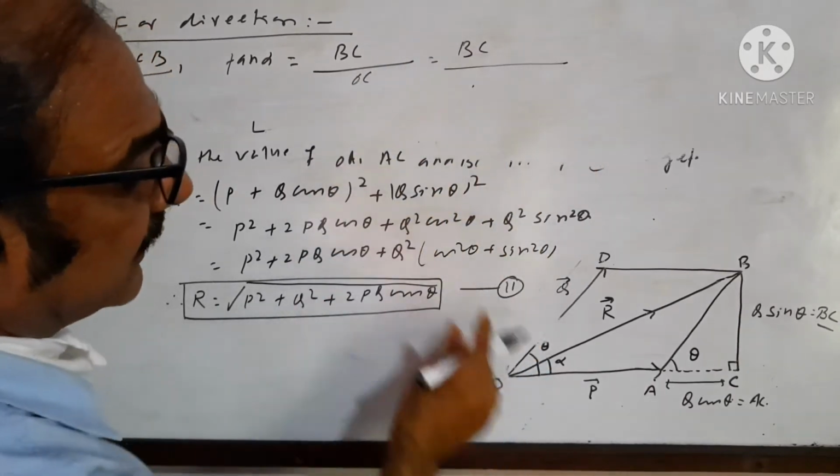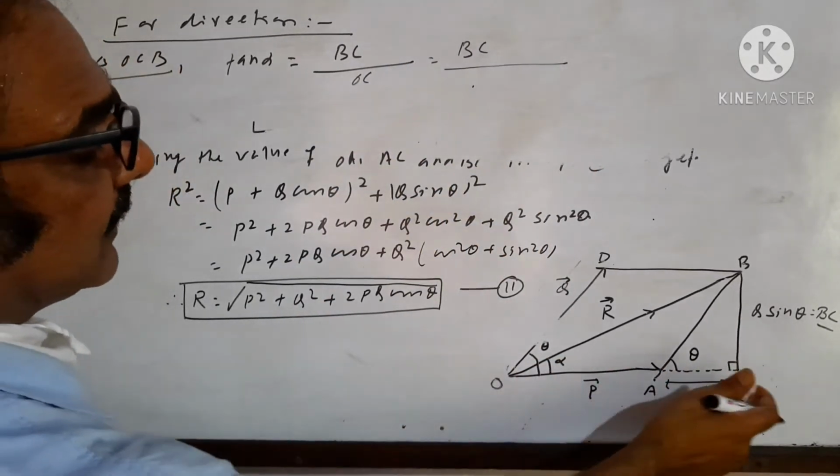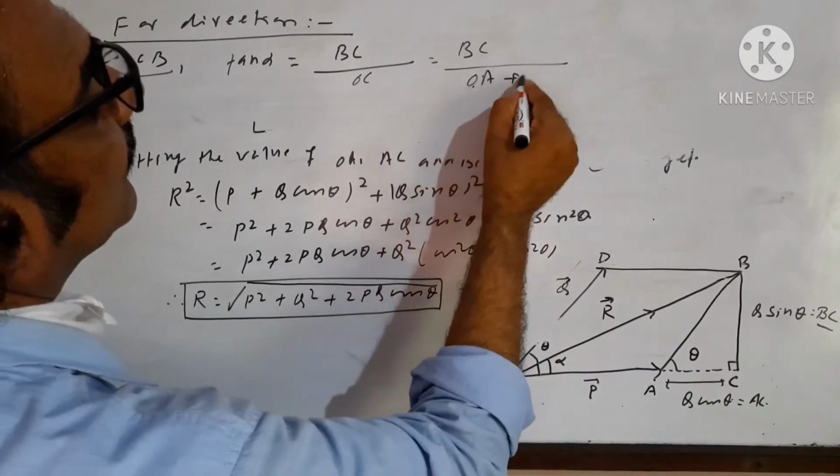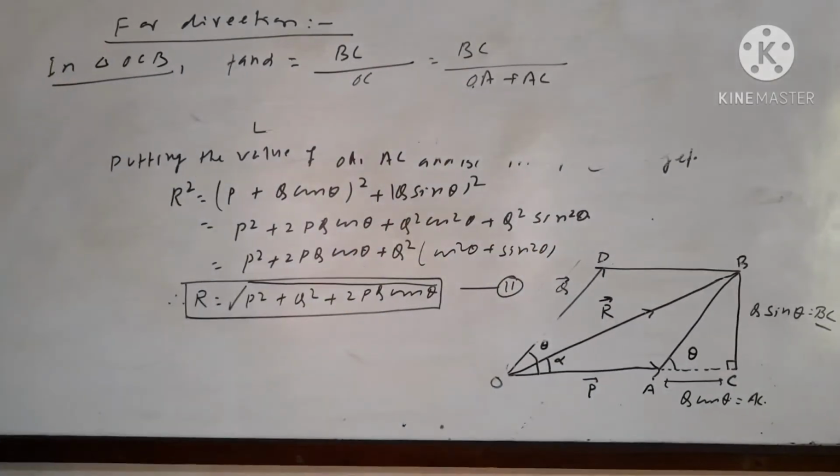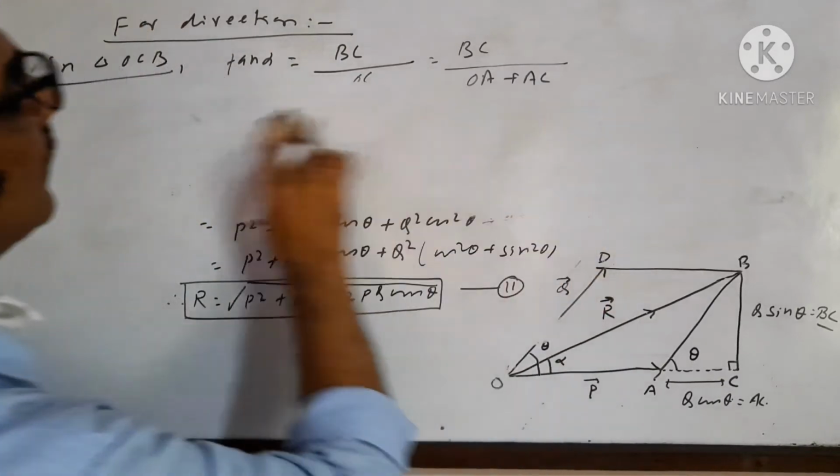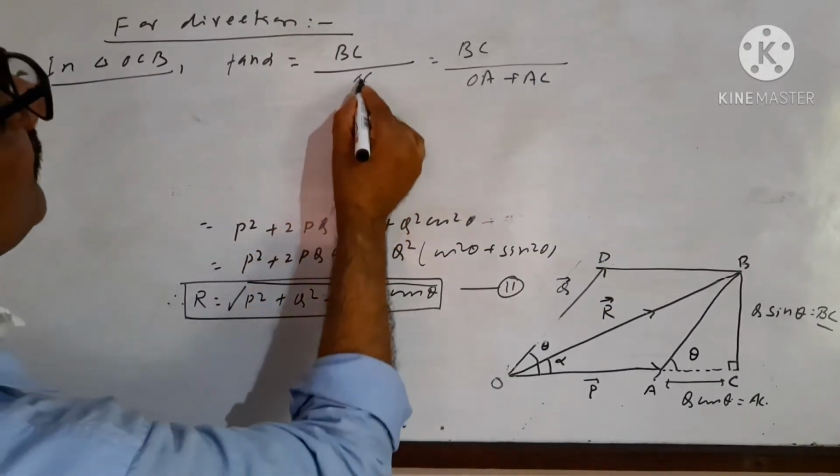BC by OC, where OC is in two parts, OA plus AC. Substituting the value of OC.